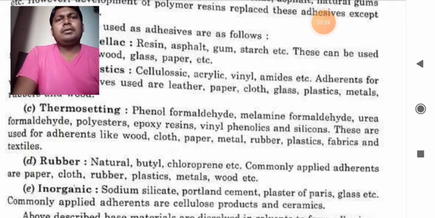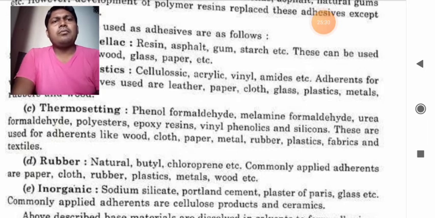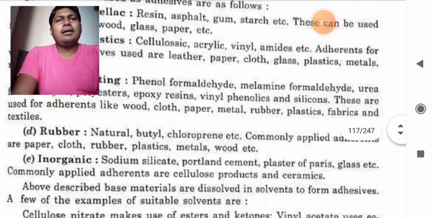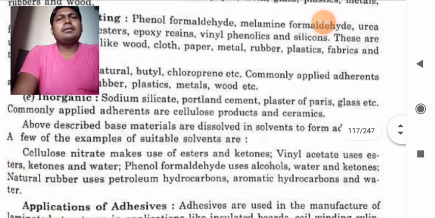Rubber: natural, butyl, chloroprene, etc. Commonly applied adherents are paper, cloth, rubber, plastic, metals, wood, etc. Now, inorganic: sodium silicate, Portland cement, plaster of Paris, glass, etc. Commonly applied adherents are cellulose products and ceramics.